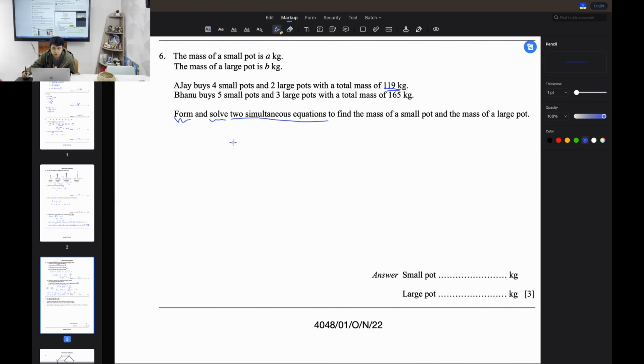Let's form the 2 equations. Small pot is A, large pot is B kg. So 4A plus 2B equals 119, then 5A plus 3B equals 165. This is equation 1, this is equation 2.